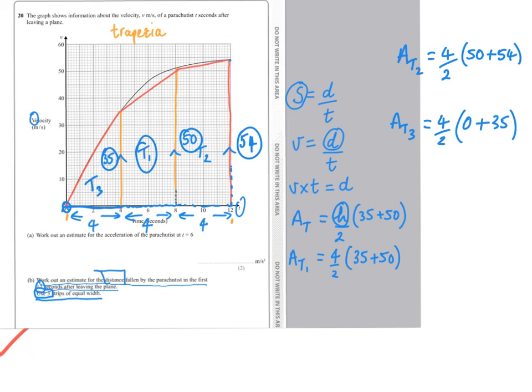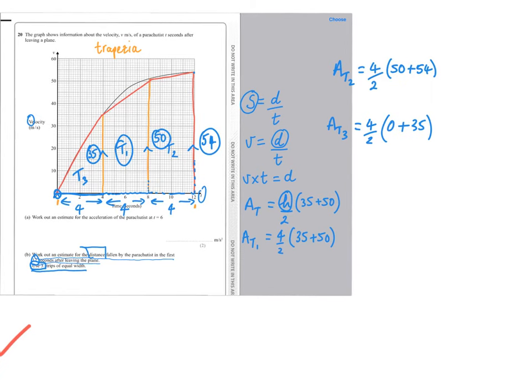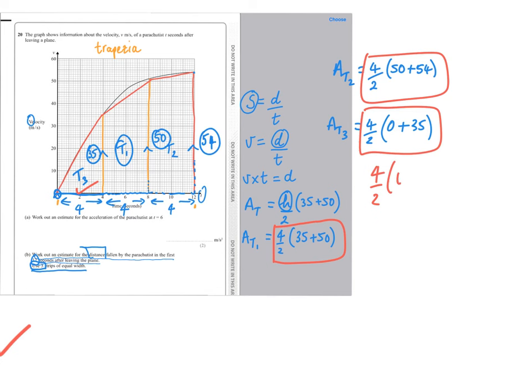Now, I want you to try and notice something here, because if you can get this technique right, then this will be really good. Let's list these in some kind of order. So let's do this one first, because that's what we should have really done. So we'll have 4 over 2 lots of 0 plus 35.